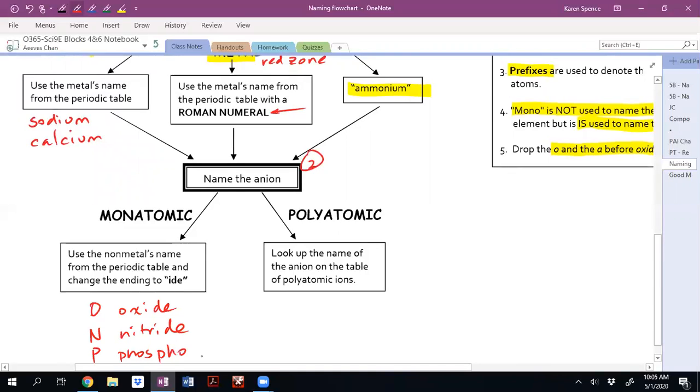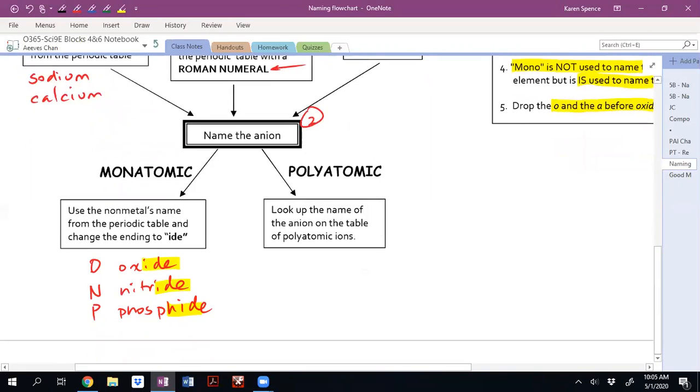You just take the name and change the ending to "ide." Or you might have a polyatomic ion, and you'll know that you have a polyatomic ion if you have 2 or more capital letters after your cation.